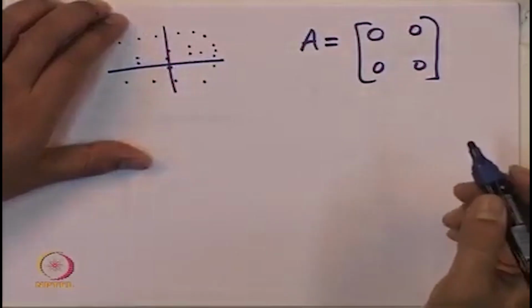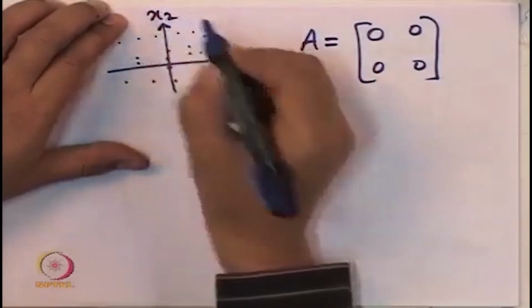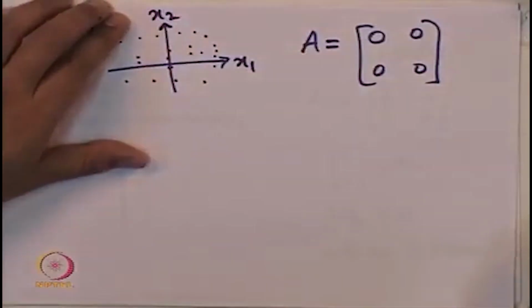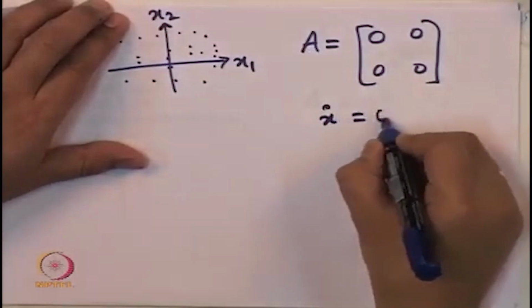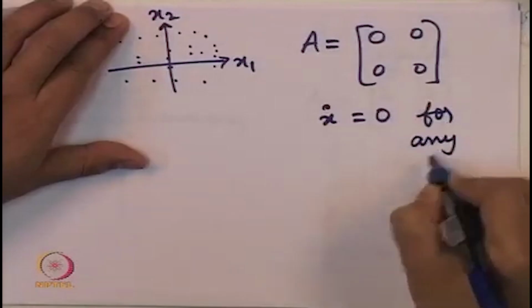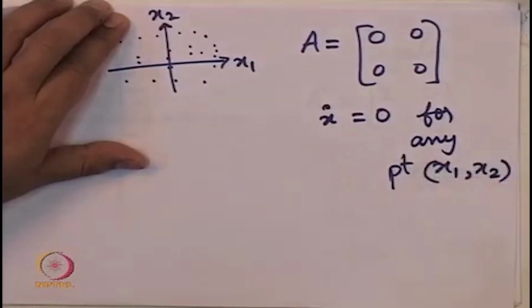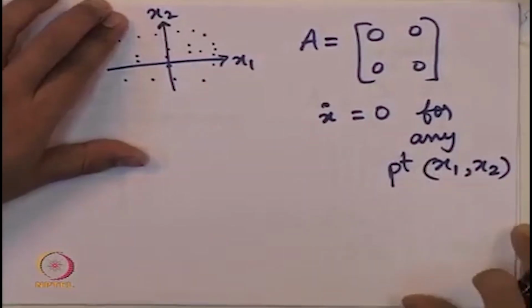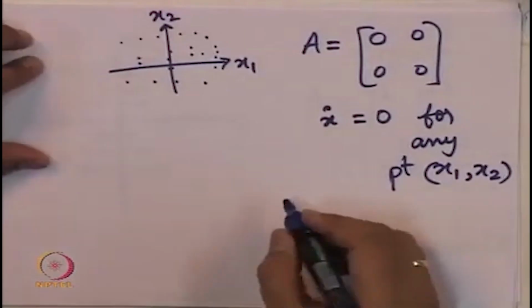Any point x1, x2 is an equilibrium point. Why? Because what does this matrix say? x dot is equal to 0 times x, which is equal to 0 for any point x1, x2. So this is the less interesting case, but still this situation is likely.